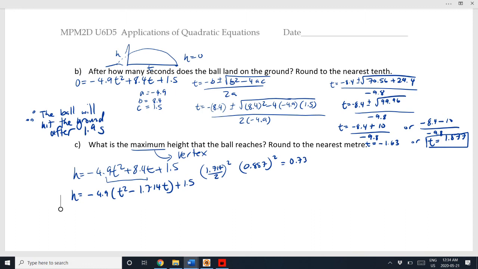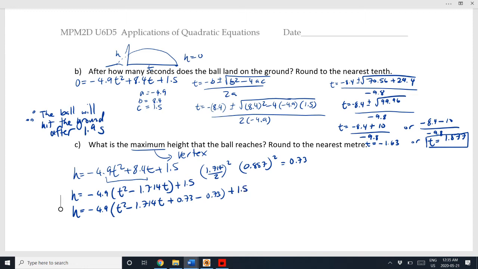And then we're going to plug this value in. We have to add this and subtract it right after our b value here. So we get h is equal to negative 4.9 bracket t squared minus 1.714 t plus 0.73 minus 0.73 close bracket plus 1.5.